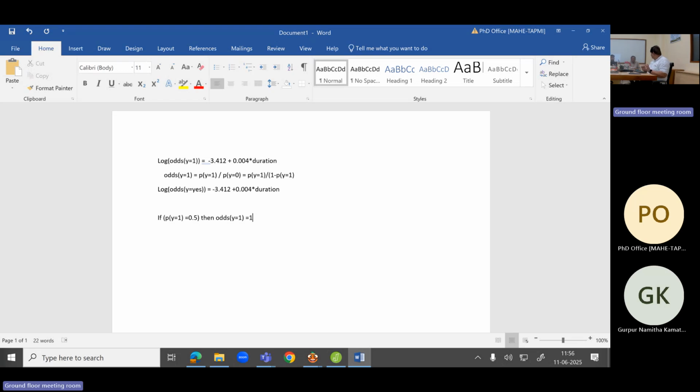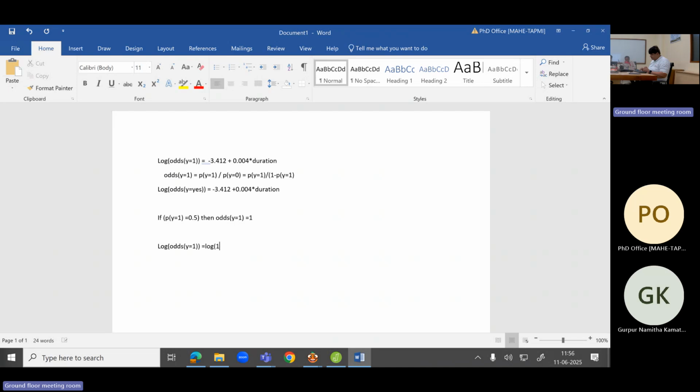So if odds of y equal to 1 is 1, then what will happen to my log of odds of y equal to 1? It will be log of 1.